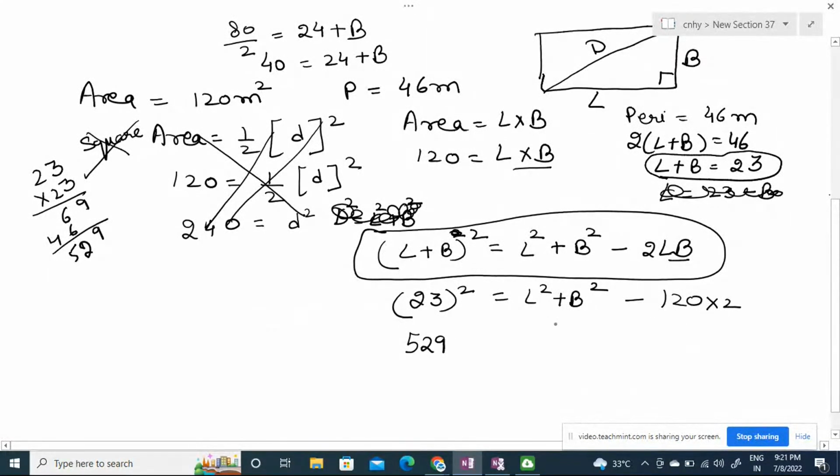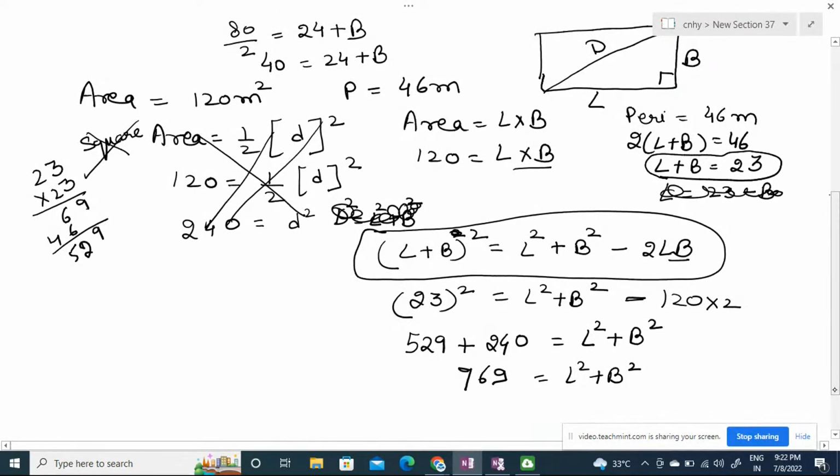Now this is minus this, so this becomes plus 240, so 529 minus 240 gives 289. That is L square plus B square. Why is this question even given?